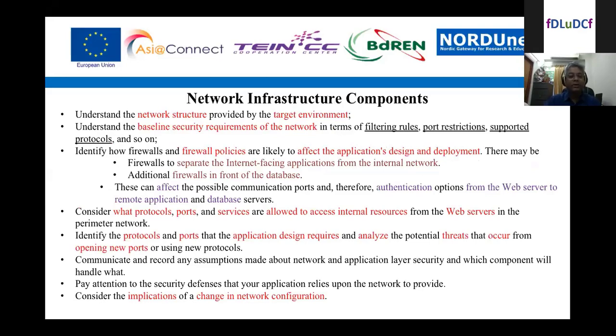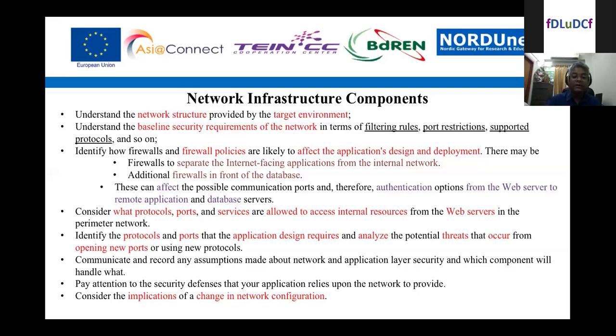And then network infrastructure components. You have to understand the network structure provided by the target environment, and understand the basic security requirements of the network in terms of filtering rules, port restrictions, and supported protocols. Consider what types of protocols, ports, and services are allowed to access internal resources, and identify how firewalls and firewall policies are likely to affect the application design and deployment.